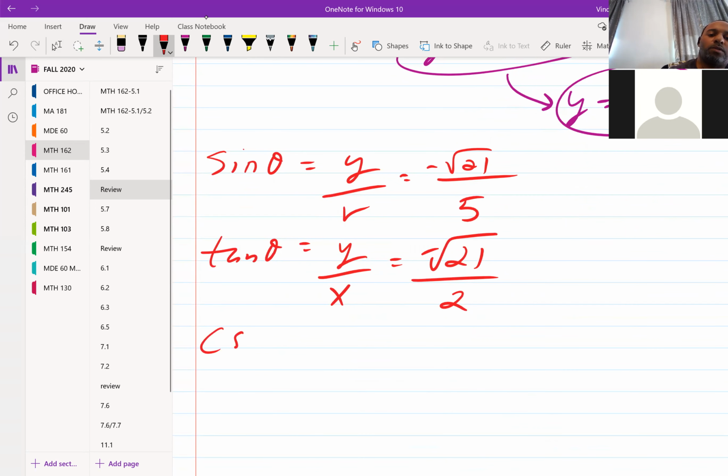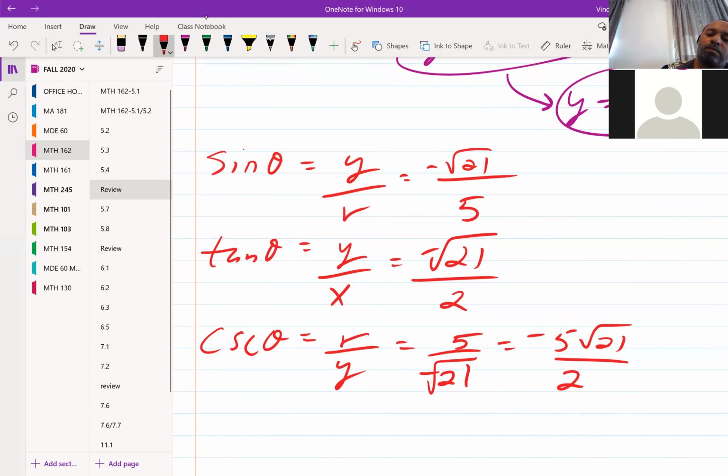And then cosecant, which is the inverse of sine. So multiply top and bottom by the square root of 21. Negative.